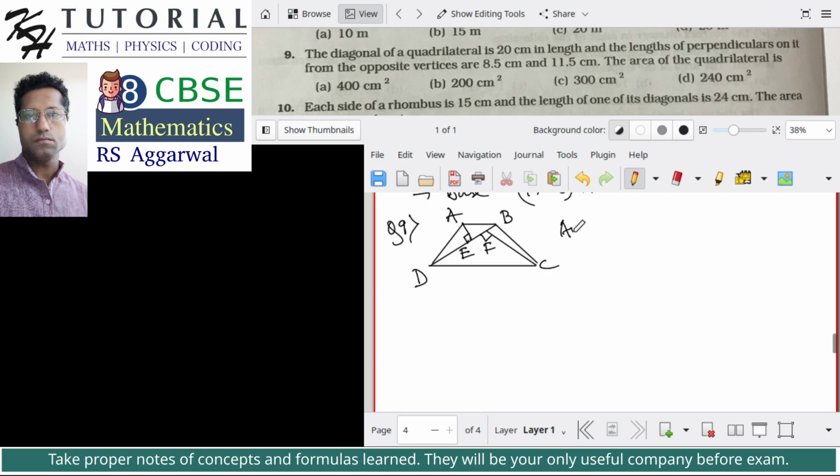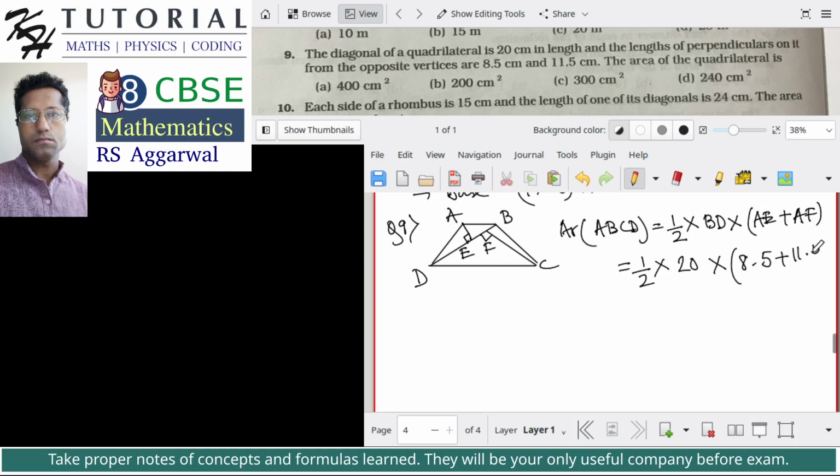So we know that area of the quadrilateral ABCD will be equal to half multiplied by the length of the diagonal, which is BD, multiplied by the sum of the perpendiculars, that is AE plus CF. Now if we put the values from the given problem, the length of the diagonal is given as 20 centimeter, multiplied by the sum of the length of the perpendiculars, which is 8.5 plus 11.5.